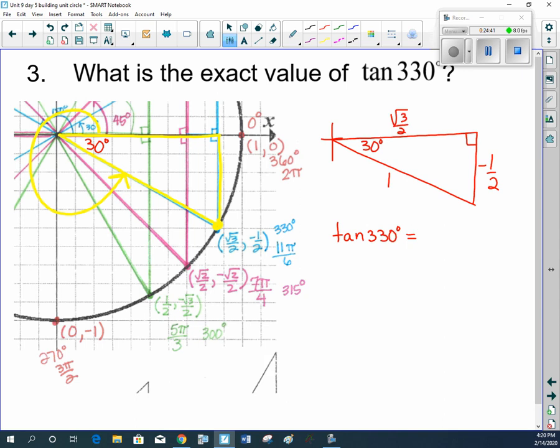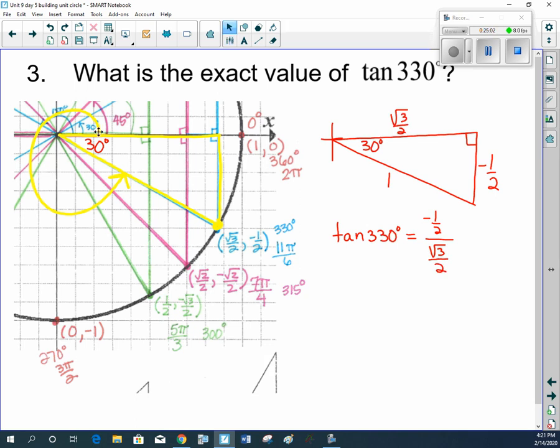So tangent in word definition is opposite over adjacent. So if I'm standing here at 30 at my reference angle from my reference triangle, then the opposite side is a negative a half and the adjacent side is the square root of 3 over 2.